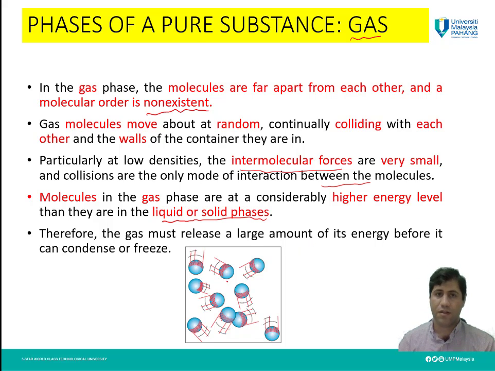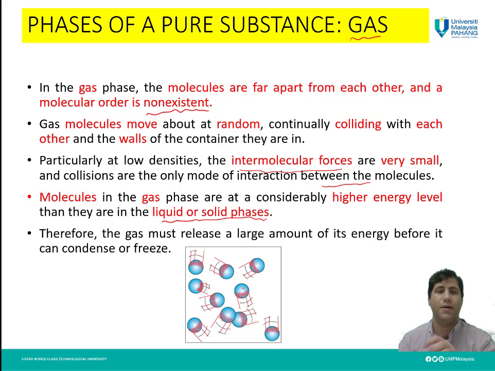So if you compare the molecular structure of the gas with liquid or solid, you can see that to have a phase change from gas to liquid or solid, we need to catch these molecules and put them in a fixed position. For example, to change from gas to solid, we need to reduce their energy and keep them in just a fixed position.